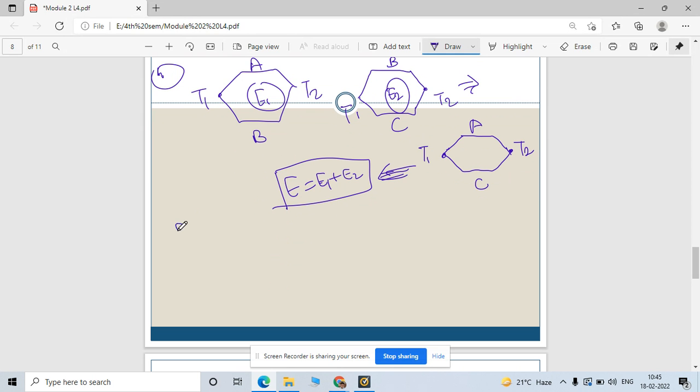and the fifth one is T1 and T, which is A, B, E1.